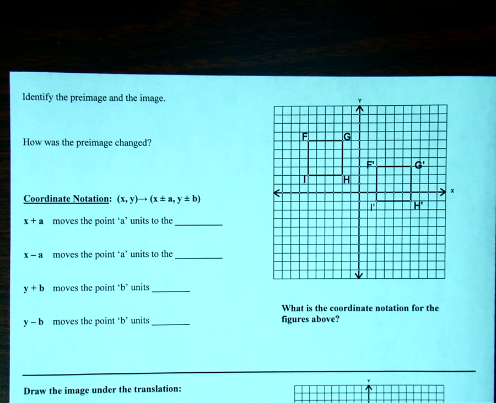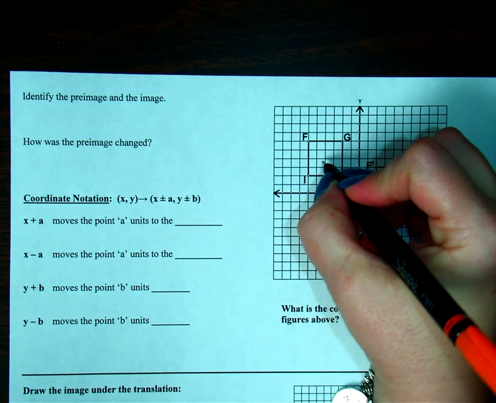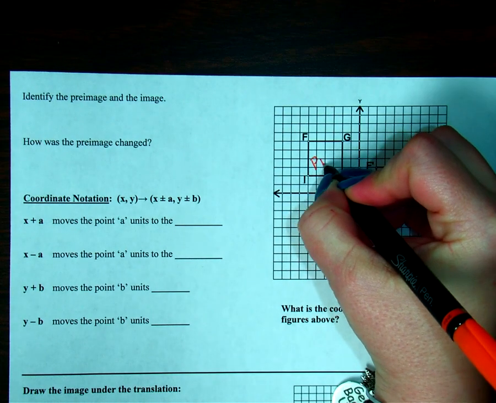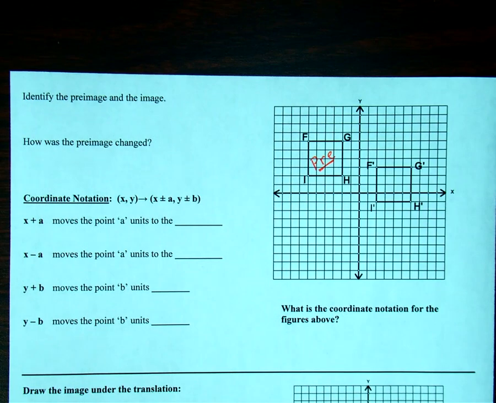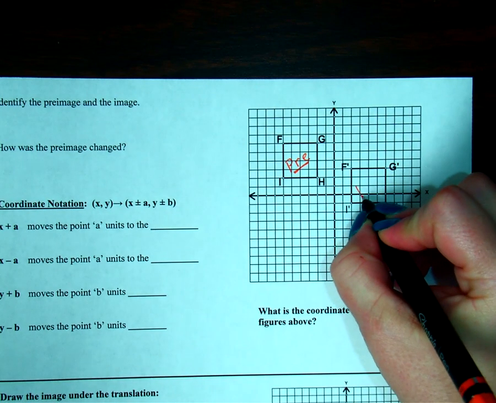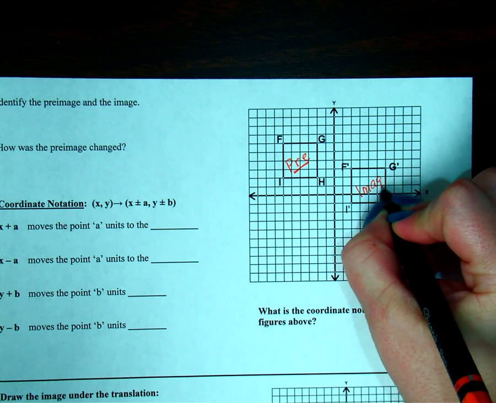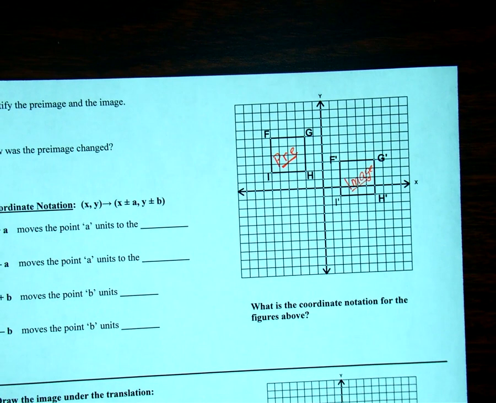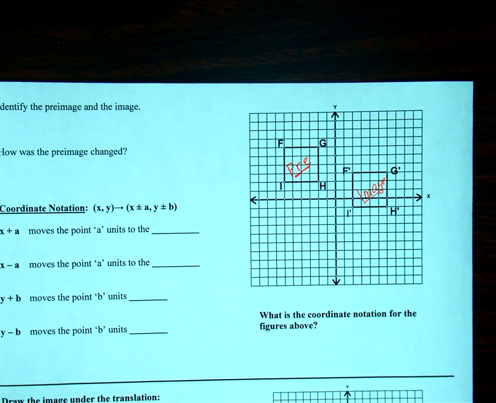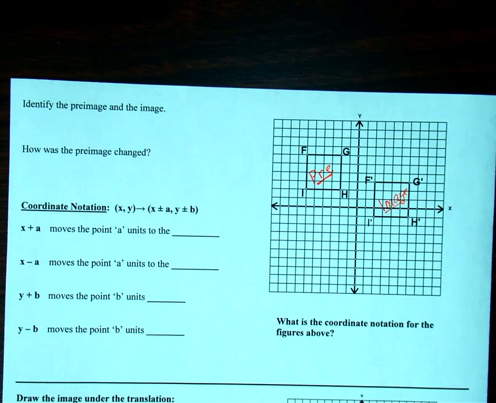So if I want to label my figure with my pre-image and image, I can tell the one without the primes is my pre-image. I'm going to write pre on that one. And my figure with the primes is my image. Okay, so I have my pre-image on the upper left and my image on the lower right.